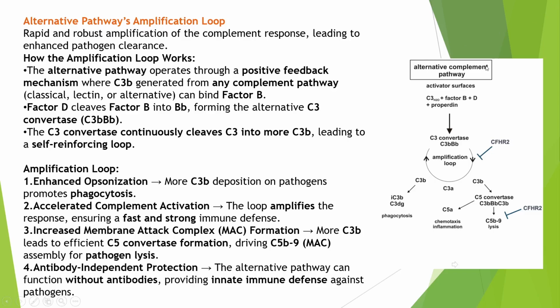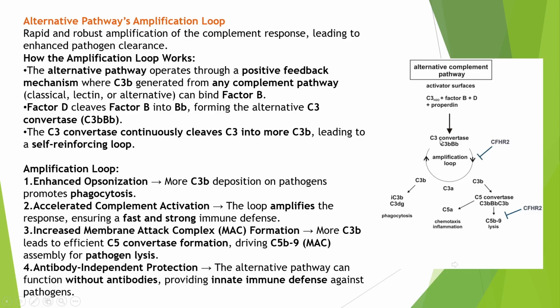Then antibody independent protection. The alternative pathway can also function without the antibodies, providing innate immune defense against the pathogens. So we have here the alternative complement pathway: activator surfaces, hydrolysis of your C3, factor B, factor D together. Then we have the C3 convertase complex. Once this is there, we enter into a positive feedback loop leading to amplification. So this is your amplification loop.